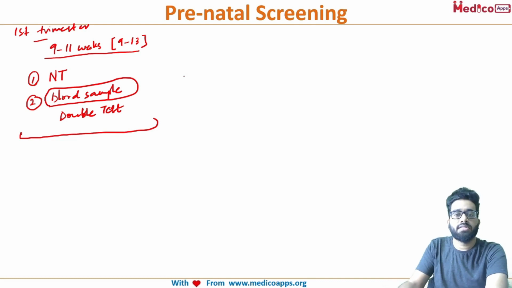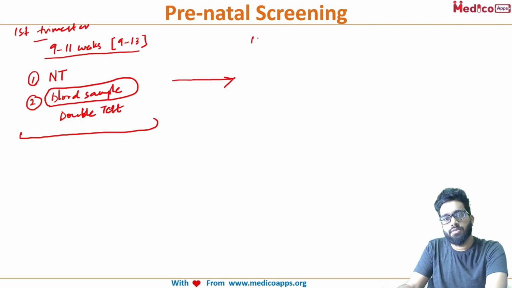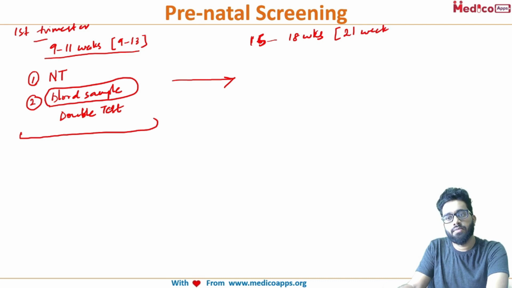Based on this, you ask them to get the reports and follow up at around 16 weeks, anywhere between 16 to 18 weeks. You can get it from the 15th week also, sometimes extending up to 21 weeks. At this point, you have to get a quadruple test.